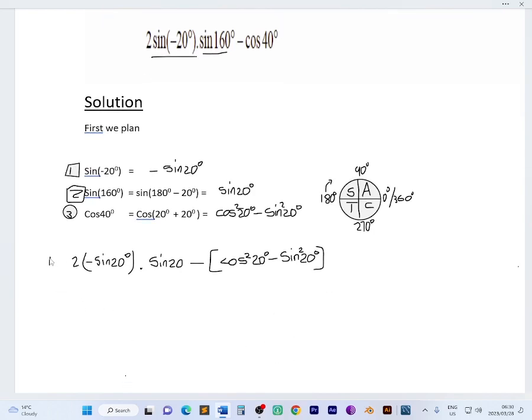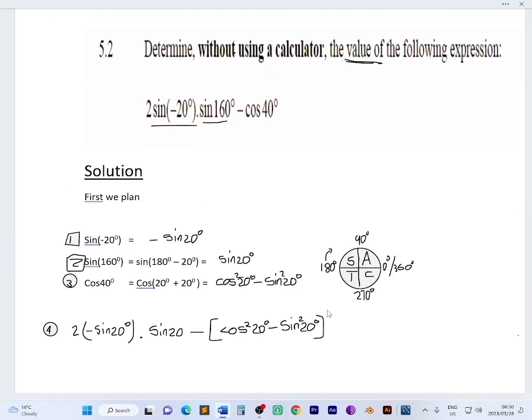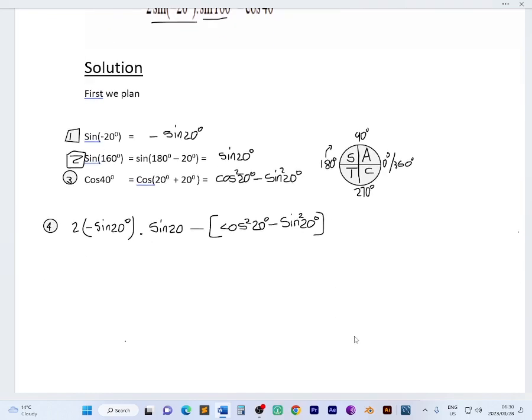Okay, now we simplify further, so we move from step 4 to step 5. Now we have 2 times negative 1 gives us negative 2, and then sine 20 degrees multiplied by sine 20 degrees will give us sine squared 20 degrees.